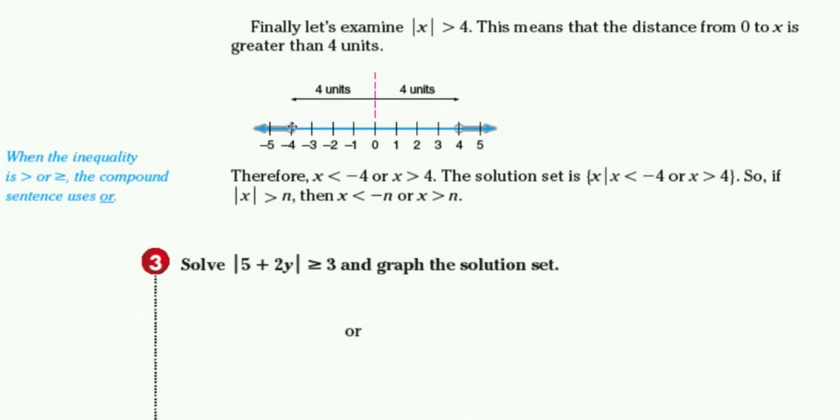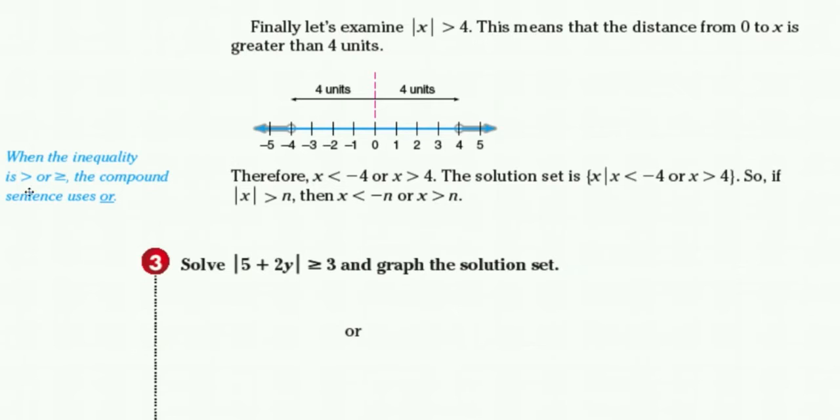And you'll notice that it's negative 4 again and 4, but this time it's greater than 4. If it's greater than 4, that means you go to the right of 4, and to the left of negative 4, because those are the values greater than 4 units away.